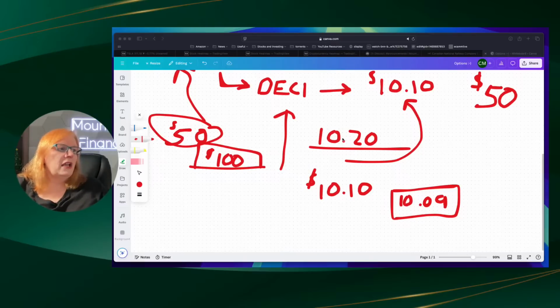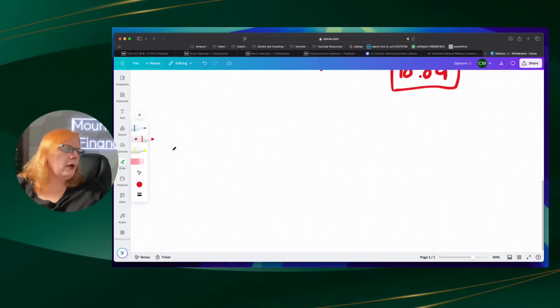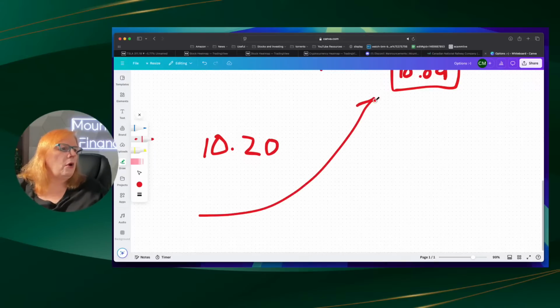So if this covered call ETF, in this case here, has a strike price of, let's say, 10.20, and Banana Co explodes, and all of a sudden it heads up to, say, 10.30.